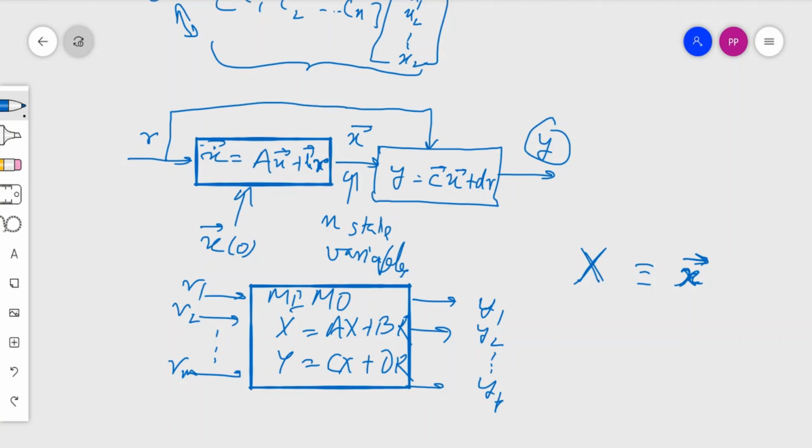So with this understanding of state space model, let us try to understand how the DC servo can be represented as a state space system model.